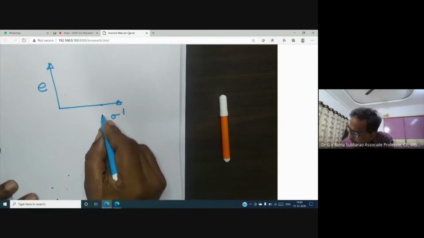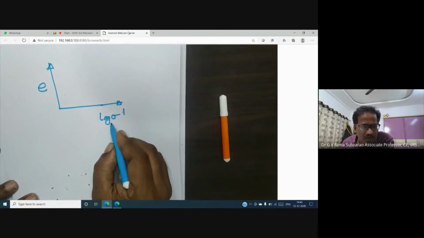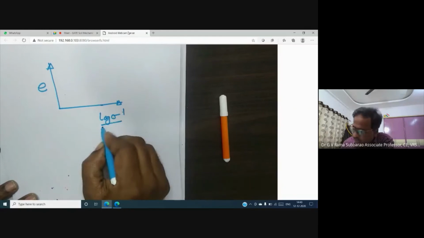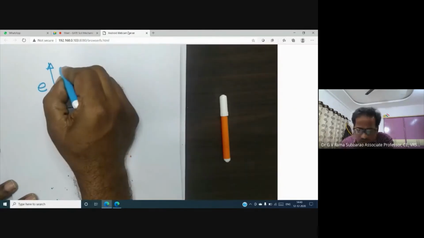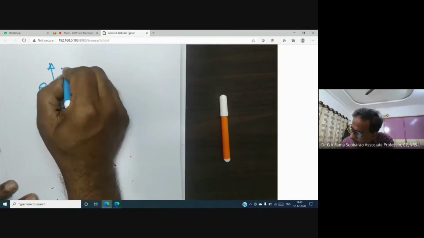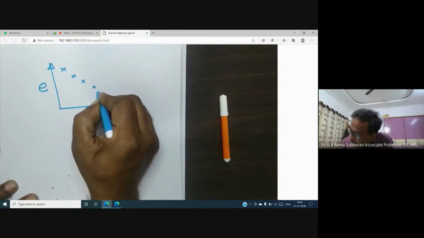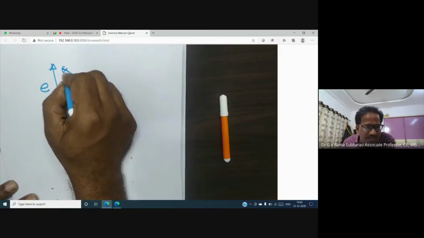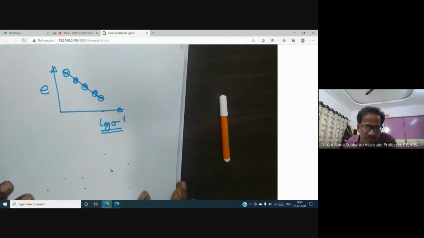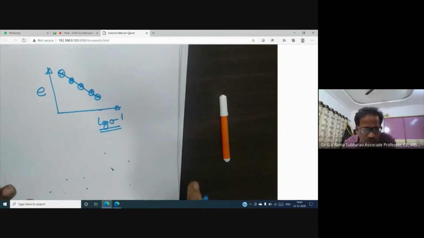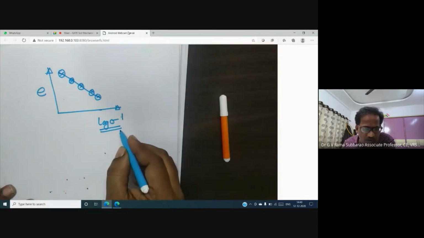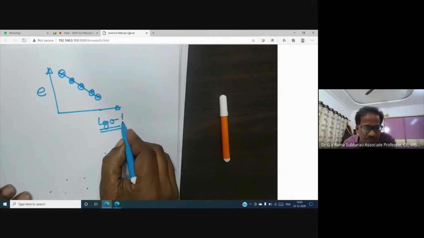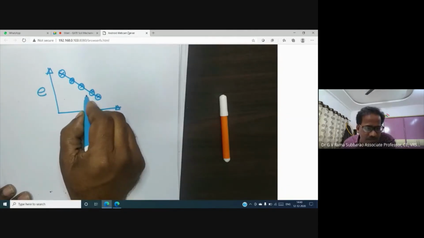That means I am trying to put effective stress on a logarithmic scale. Then this curvilinear curve now becomes a straight line. This is the magic of mathematics. Whenever you take effective stress on a logarithmic scale, your trend becomes a straight line.